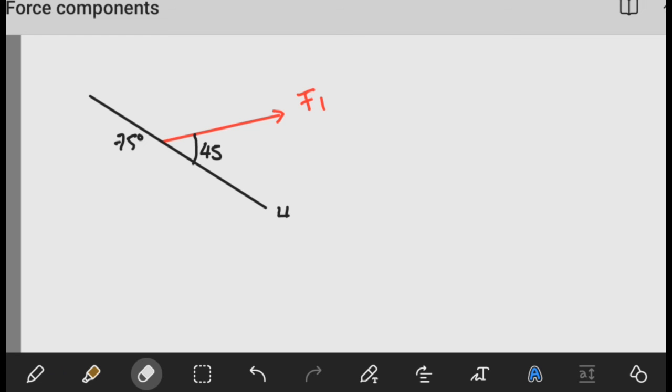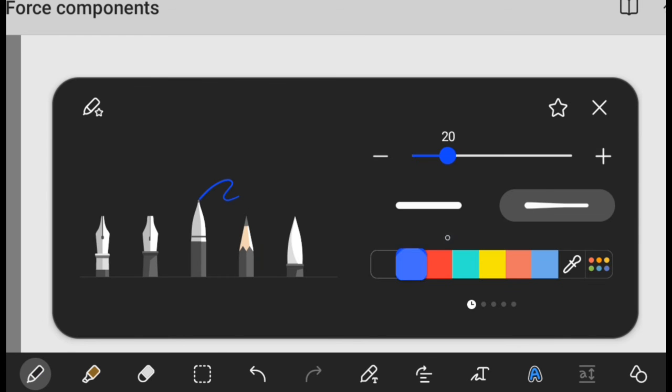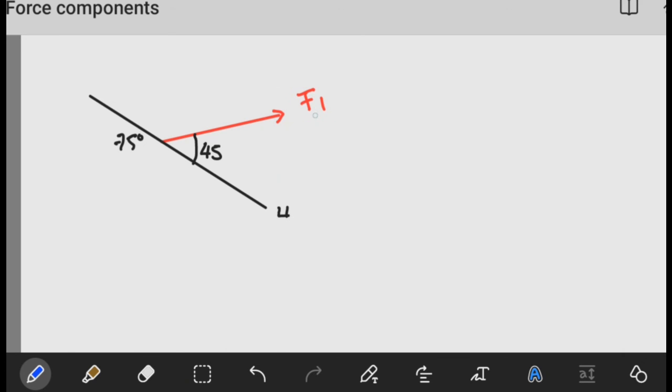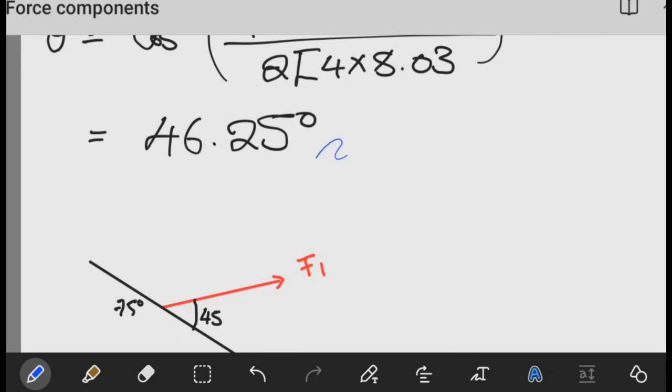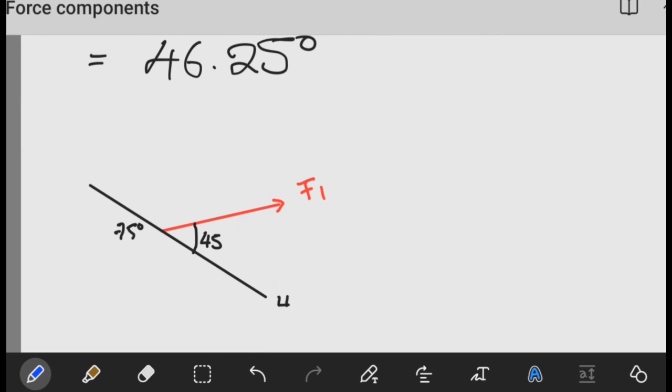Now, from our calculations, the angle between F1 and the resultant is 46.25 degrees, but the angle between F1 and the u-axis is 45, implying that if we wanted to find the resultant, we would start from F1, move all the way from F1, reach the u-axis, but still not have that resultant.